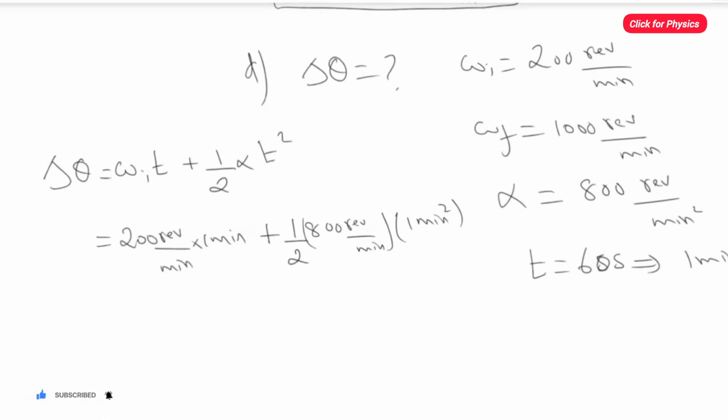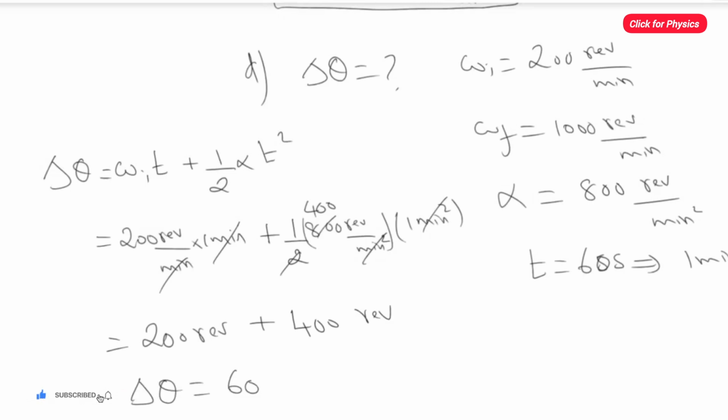So we can see here, we can easily cancel minute with minute. And likewise, minute square with minute square, we can easily cancel. And then if you divide 800 by 2, we'll get 400. So now we got 200 revolution plus 400 revolution. So what's the total? We can easily add. So therefore delta theta is equal to 600 revolution. So that's the answer for our fourth part. Clear? So this is the answer for this question. That's it. Thank you.